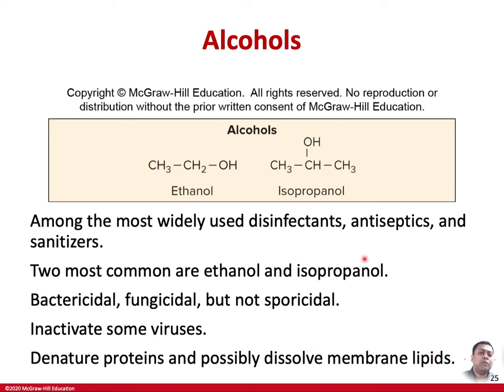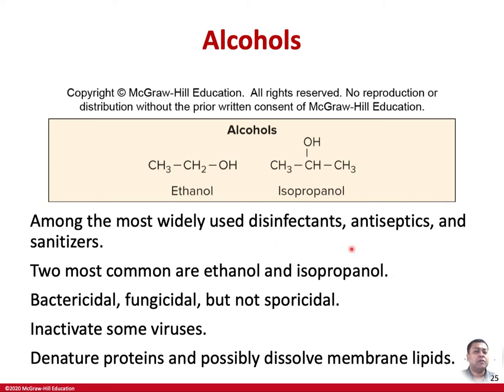Usually 70% alcohol is more effective than much more concentrated, like 95% or 100% alcohol. Most of these ethanols or isopropanols are used in a concentration of about 60 to 80%. The presence of water along with the alcohol is very important for killing of the microorganisms.